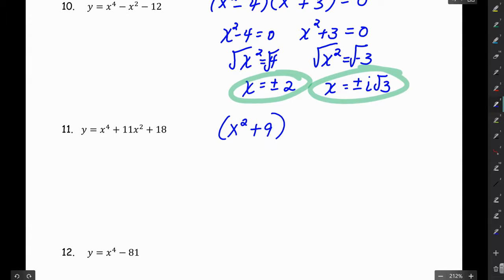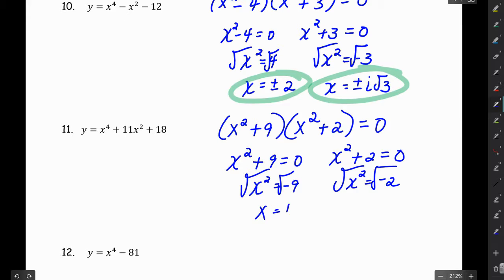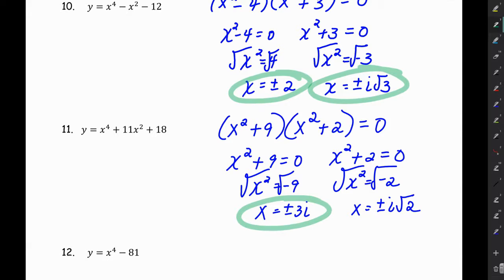I just gave you a lot of these just so you could get some practice so that you could get good at recognizing them and knowing exactly what to do. Practice is going to help you always with understanding how the best way to approach factoring a polynomial is. For number 11, solutions are plus or minus 3i and plus or minus i root 2.